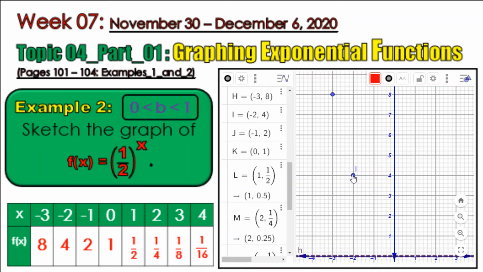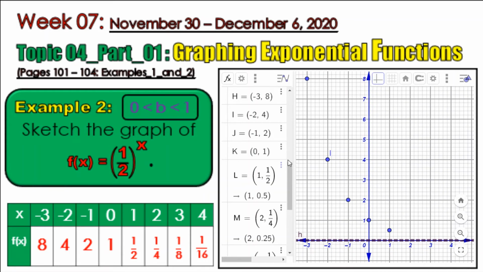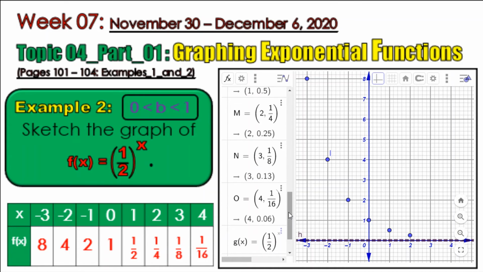This is the point negative 1, 2, then 0, 1, then 1, 1/2, then 2, 1/4, and the last point we have is 3, 1/8.